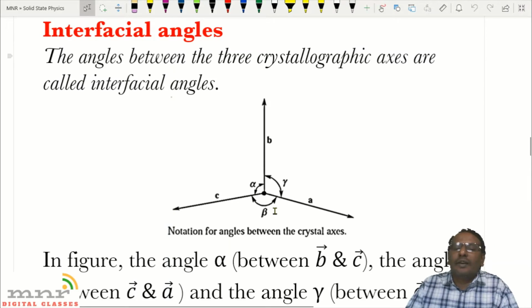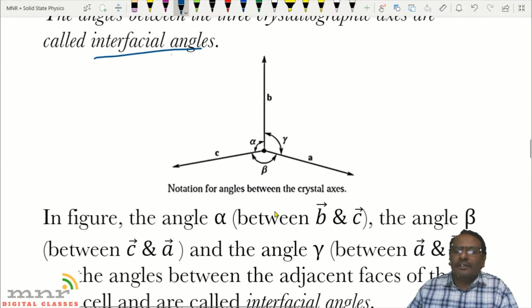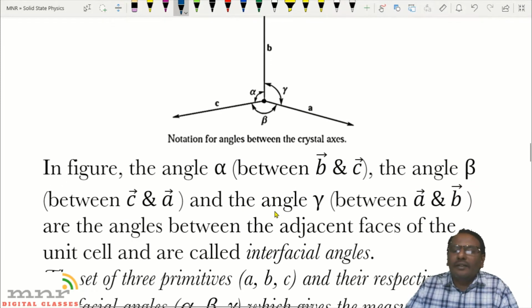The third term related to the lattice parameters is interfacial angles. The angles between the three crystallographic axes are called interfacial angles. In the figure, the angle between the basis vectors b bar and c bar gives the first interfacial angle, alpha.